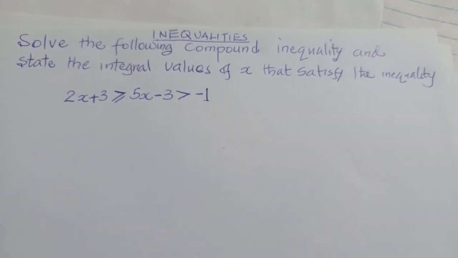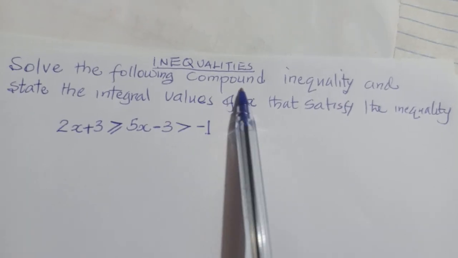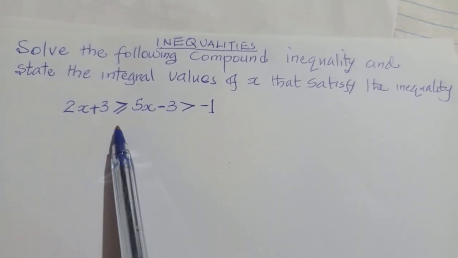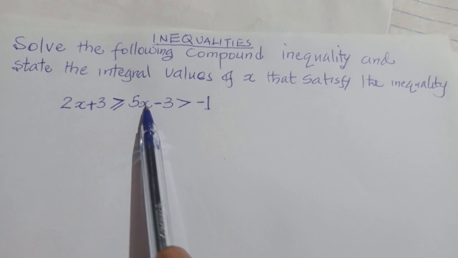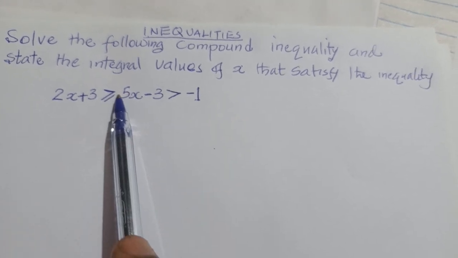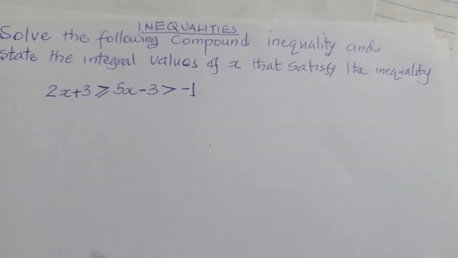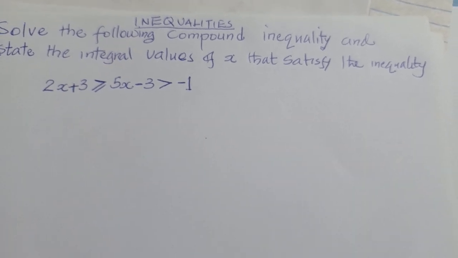the inequality. Now remember, we've used the term compound inequality. And the example we have here is of a compound inequality. Now, when we don't have a compound inequality, we have what we call a simple inequality.